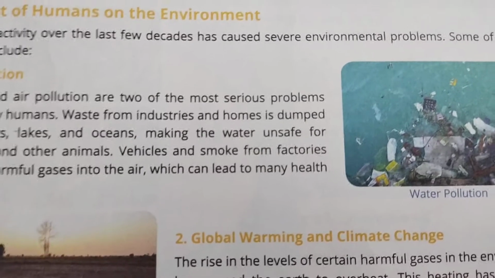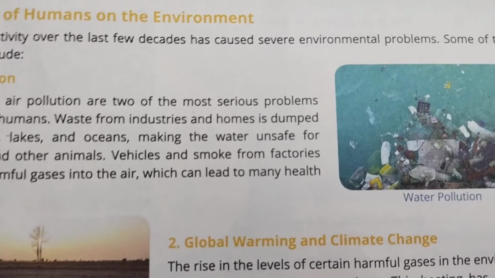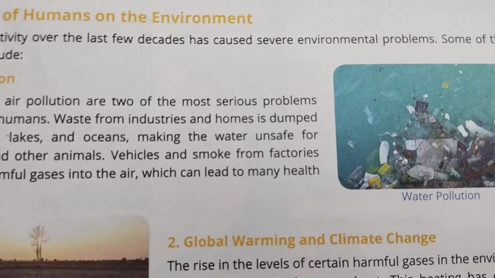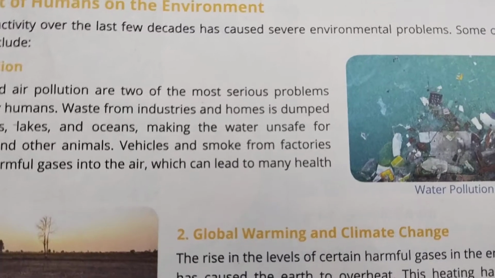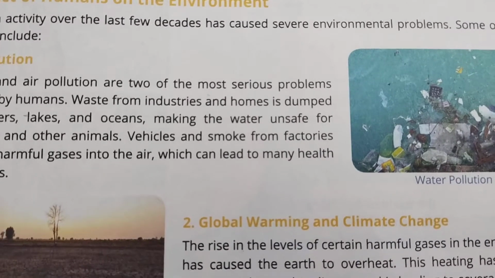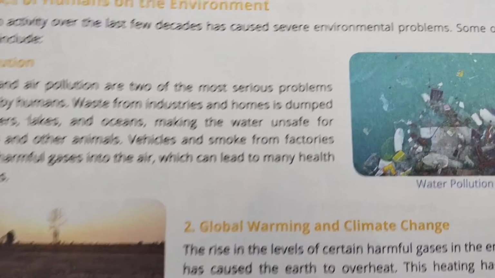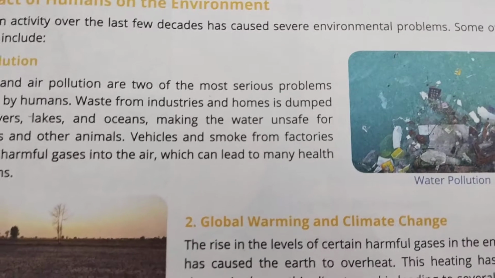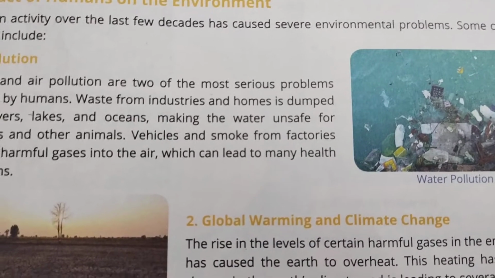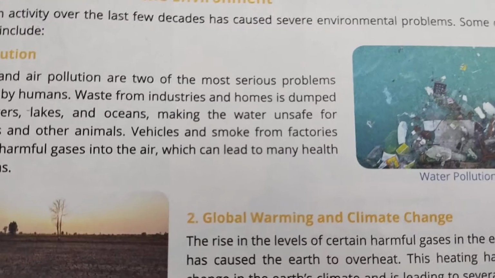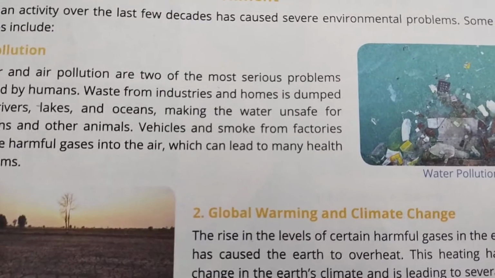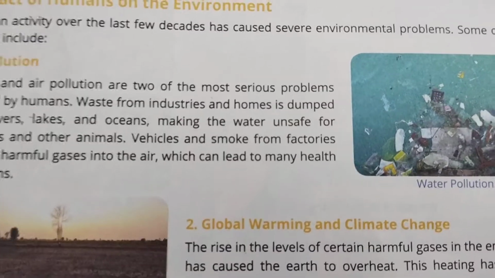In such parts they are using lots of plastics, isn't it? So while we throw it out, what will happen? It cannot be submerged easily by the water or by land or by air, isn't it? So it causes a lot of damage to the environment.